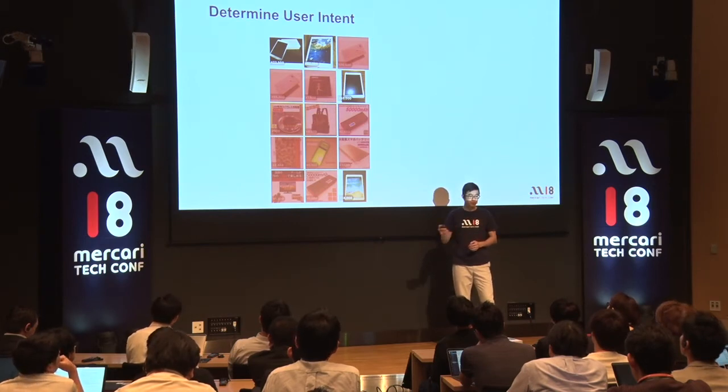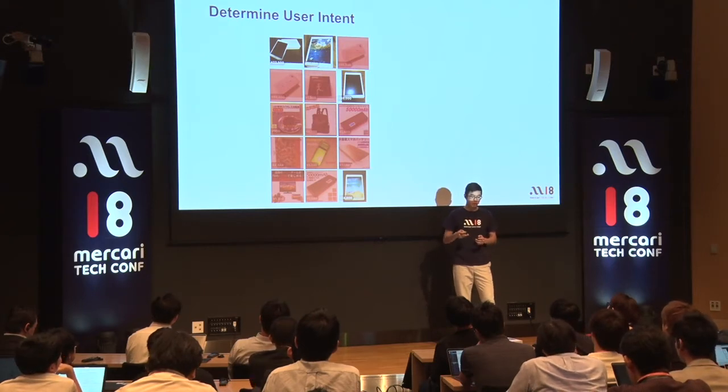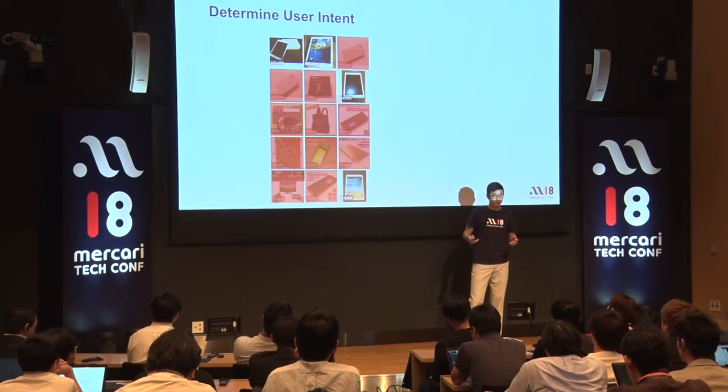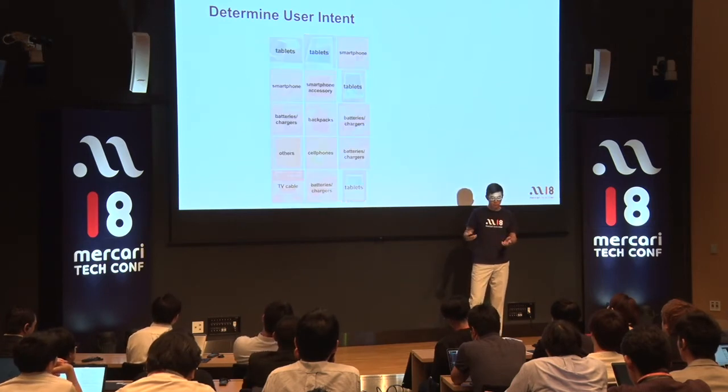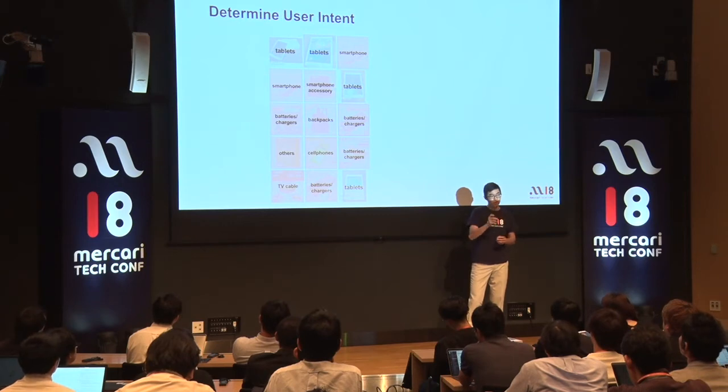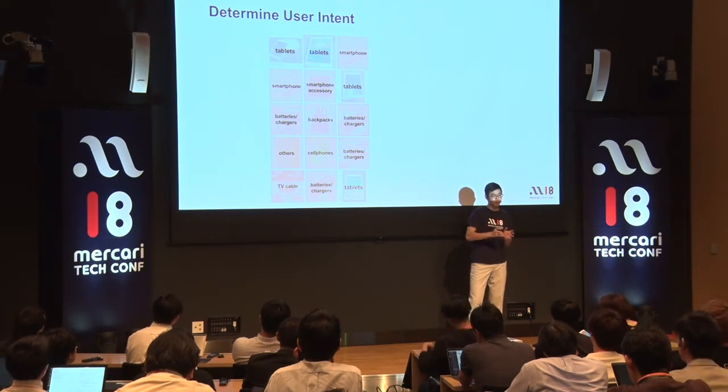So the first step, determining the user intent. To determine user intent, we look into the items that users either click or purchase. So sticking to the same example of the keyword iPad device, when users search for iPad device, they click or purchase iPads. But it turns out the parameter, the category that each keyword is in, actually separates the correct items from the noise.